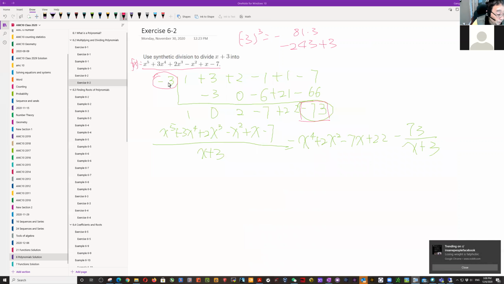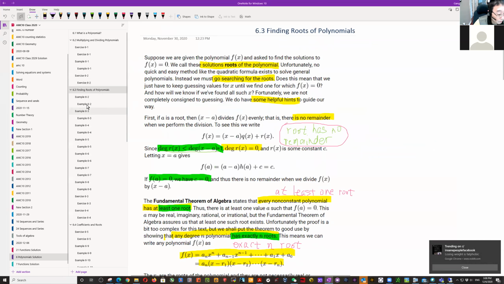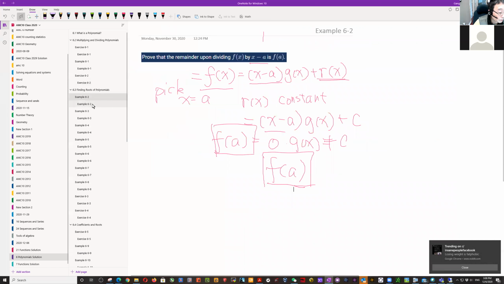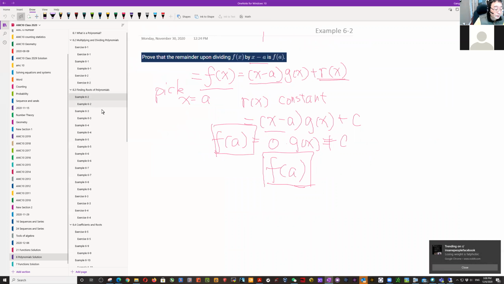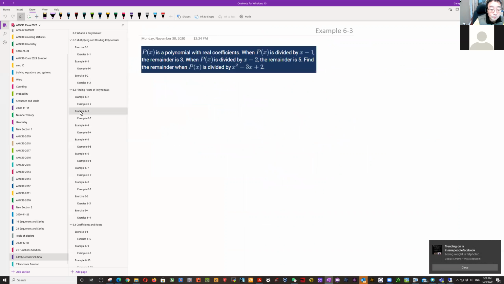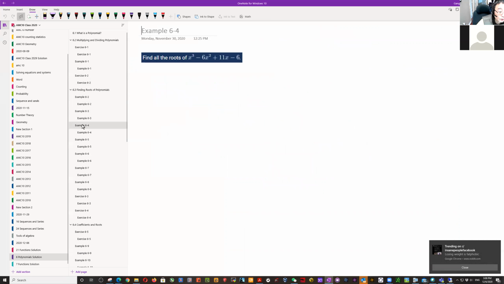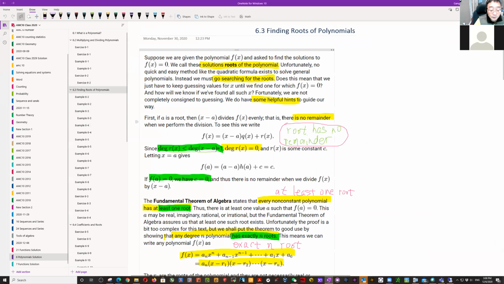Okay. Anyway, let's begin to try to find the root. First, let's define the rule. The prime tool you use to find the roots of a higher polynomial is synthetic division plus guessing.